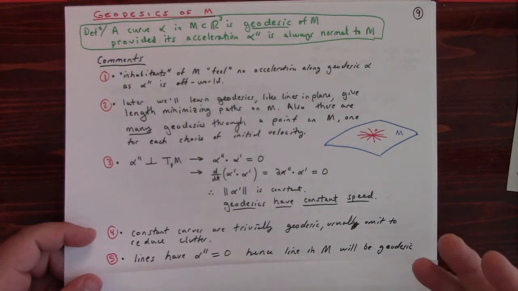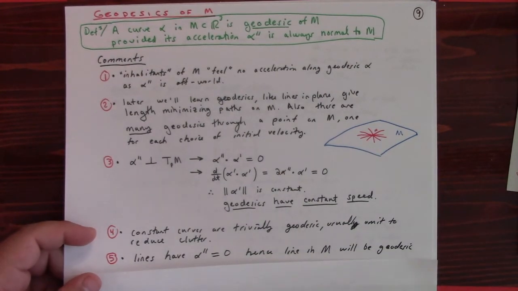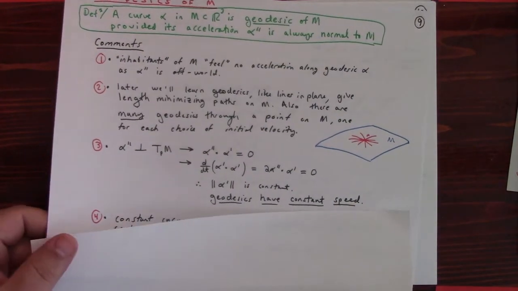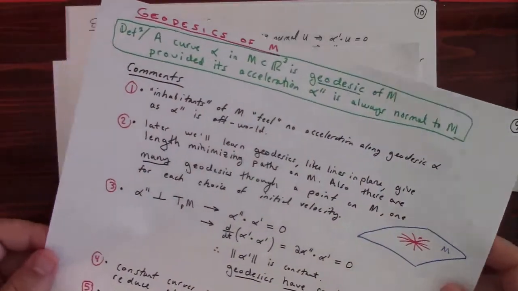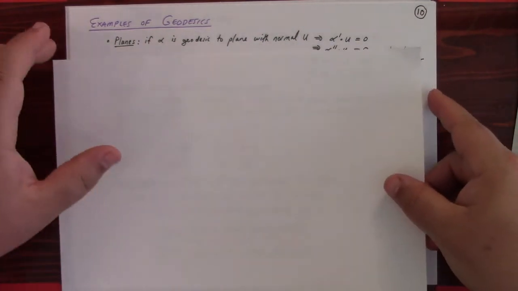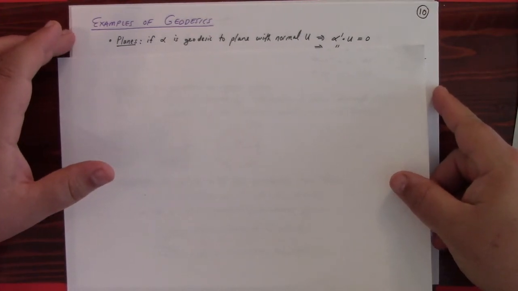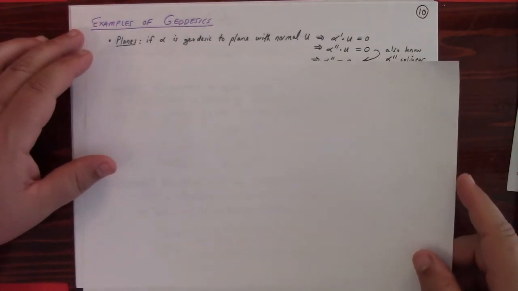These are for surfaces which are inside R3, right? And later in the course, we talk about a slightly more abstract concept of geometry, and we'll have to be a little more careful what we mean by geodesic. But anyway, one thing at a time. Let's stick with our explicit surfaces embedded in R3.